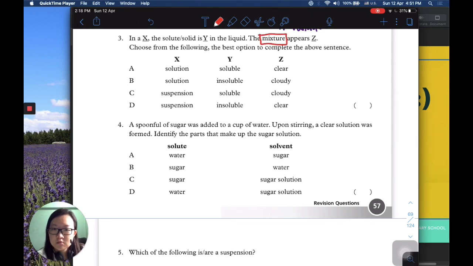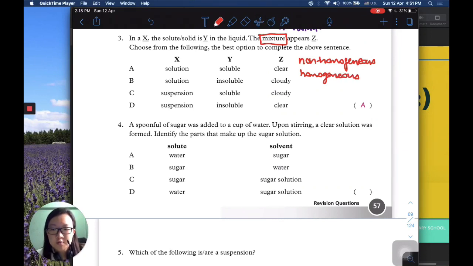If we annotate the question, the main idea is about the concept of mixtures. As we know, suspensions are non-homogeneous, meaning not the same. And solutions are homogeneous, homo meaning same throughout the solution.